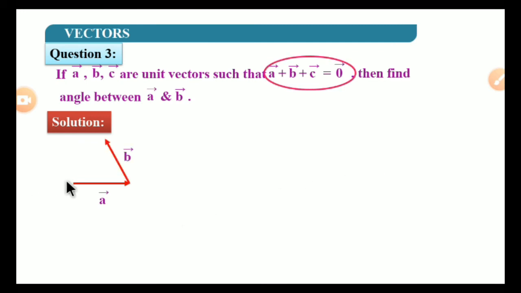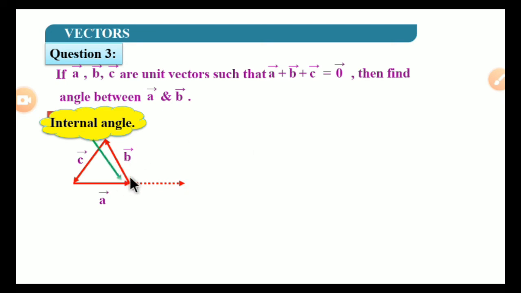Therefore, here the sides A, B and C, we have taken as the consecutive vectors or the sides of a triangle, then their displacement or the magnitude is 0, or means here it is 0 vector, because the initial point of vector A and terminal point of vector C are both the same here.